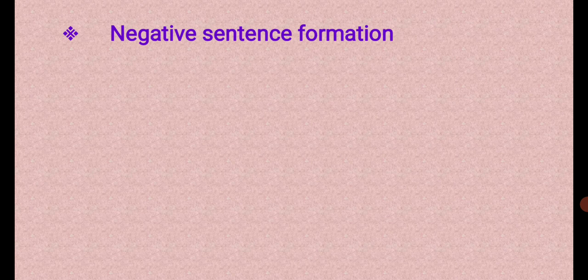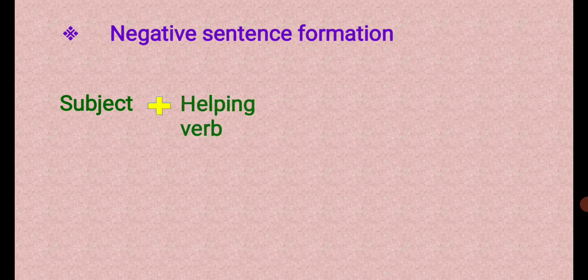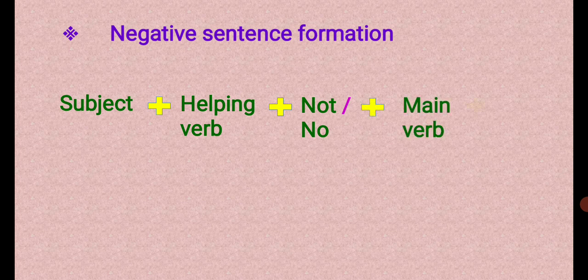We just add another part of speech to make a negative sentence. Let's see the sentence formation and the rule for it: subject, then helping verb, then no or not, then main verb, and then the object part.